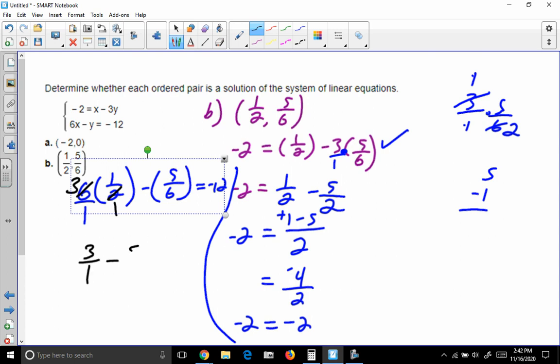The other fraction is 5/6, and we want to see if that equals negative 12. Now remember, to add or subtract fractions, we have to have the same denominator. So our common denominator will be 6. We're going to multiply top and bottom by 6 to make our denominators match. So 3 is the same as 18 over 6.